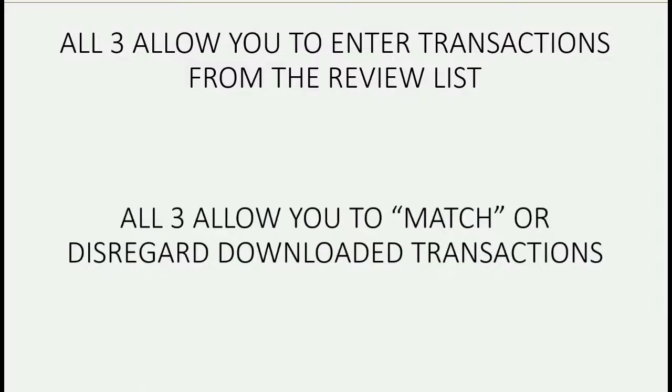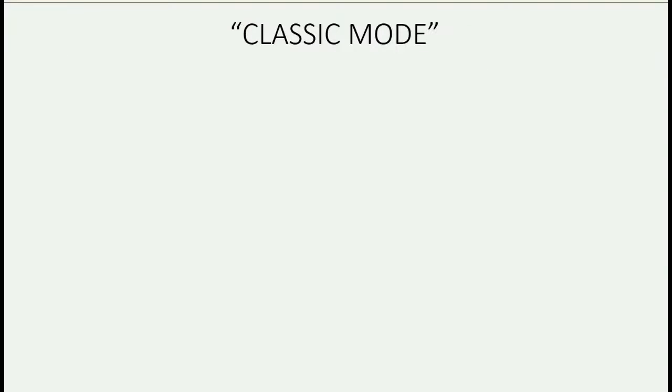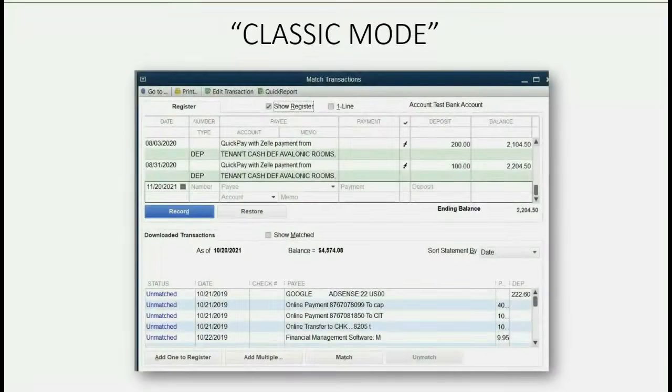And all three allow you to match or disregard any downloaded transactions. Classic mode will look like this. And you can see you can add or disregard or match the transactions that are listed at the bottom. And when you add them to your QuickBooks records, they'll show up in the top section here.